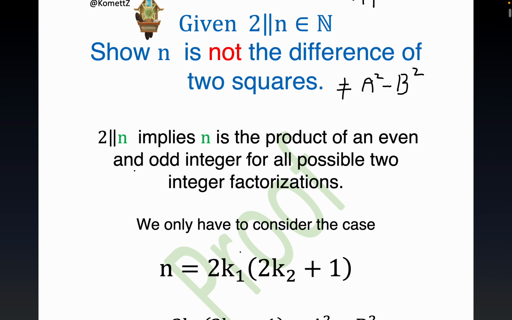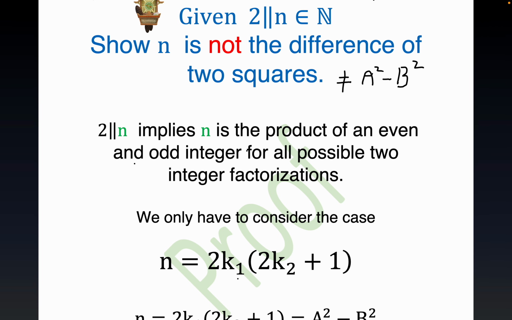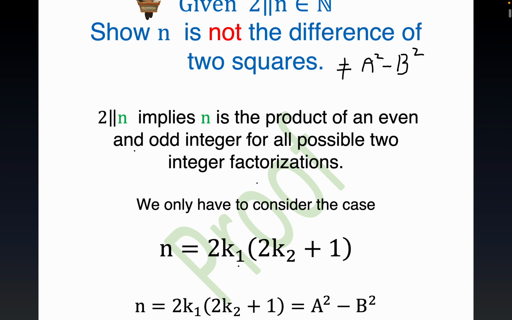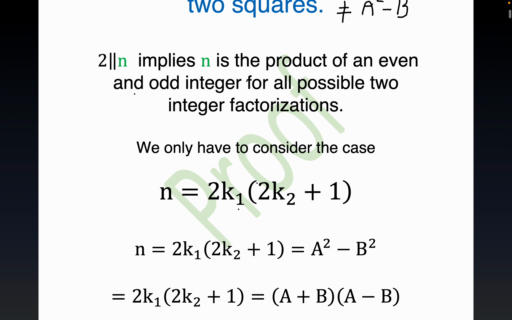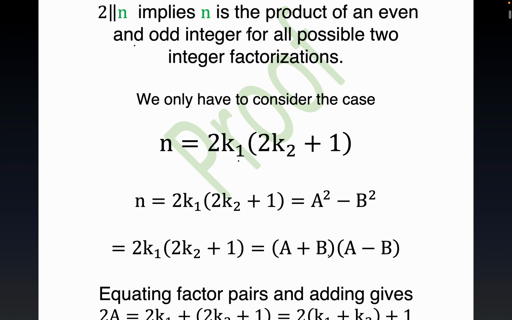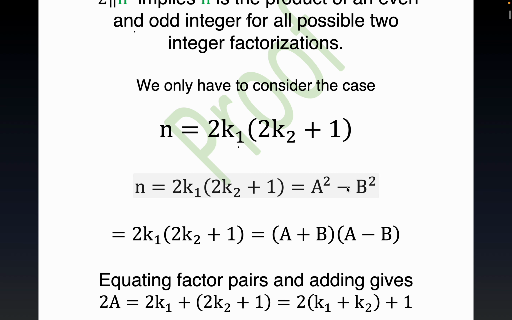Now, we only have to consider this case, since 2 does divide n exactly. This is just a restatement of this lemma, if you want to call it that. And if you try to set it equal to the difference of two squares, look what happens here. a squared minus b squared factors this way.